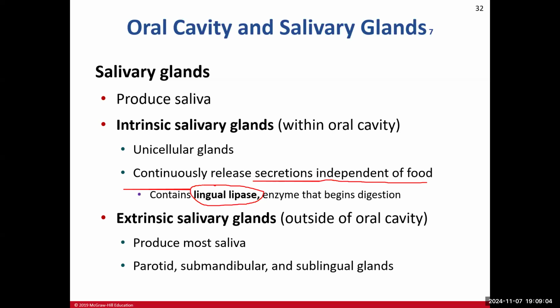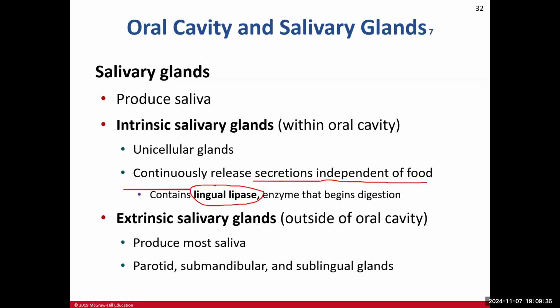It breaks down fat, hence the name lipase. So I can almost guarantee you'll see a question regarding what macromolecule gets digested first in the mouth. And there's only one, which is what? Starch. Right, good. So salivary amylase is going to be the active enzyme. Lingual lipase is not activated, so don't confuse the two.